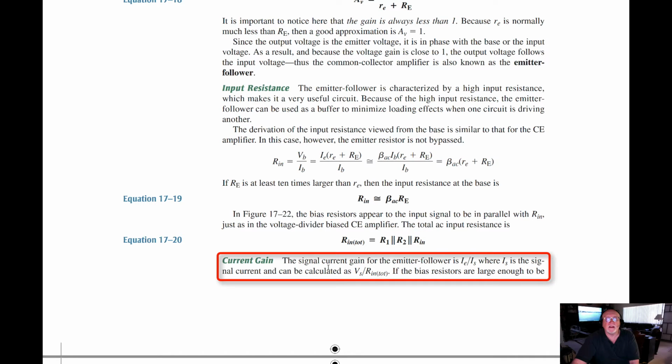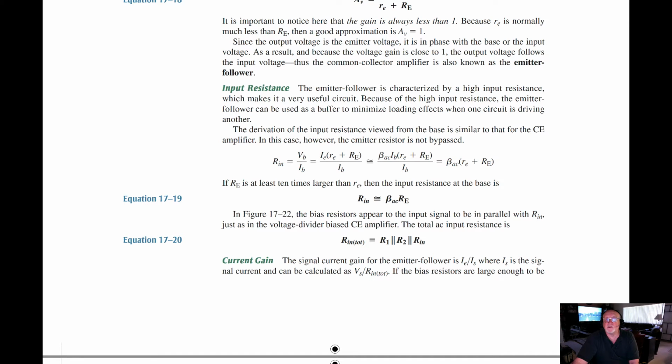Current gain then, the signal current gain for the emitter follower, is I sub E over the source current I sub s, where I sub s is the signal current and can be calculated as V signal divided by R in total.